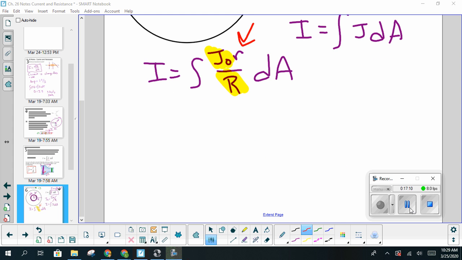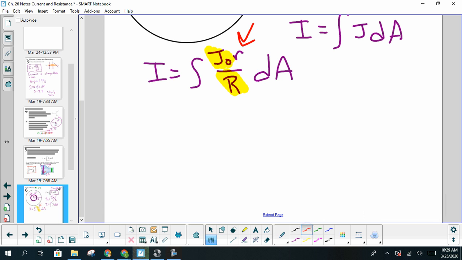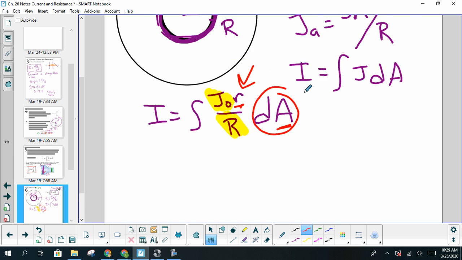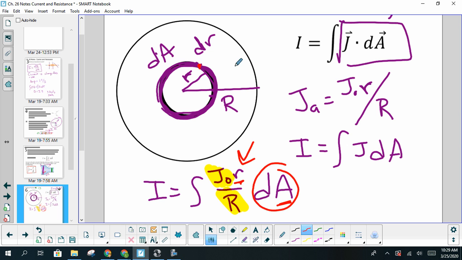So what we're going to do now is rewrite our dA. We're going to be focusing on rewriting this dA because this variable R needs to match with that variable in order for us to actually do that integration. If we go back and look at our picture, this little guy is our dr, and then that whole cross-sectional area that is shown in purple, that's going to be our dA.